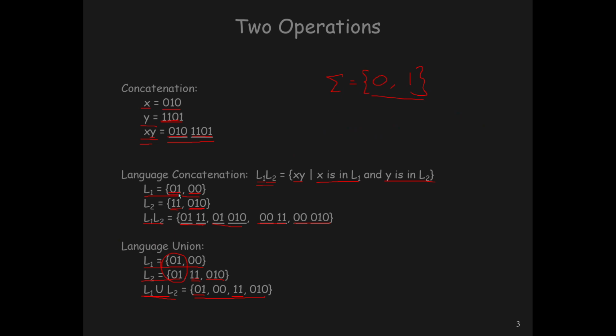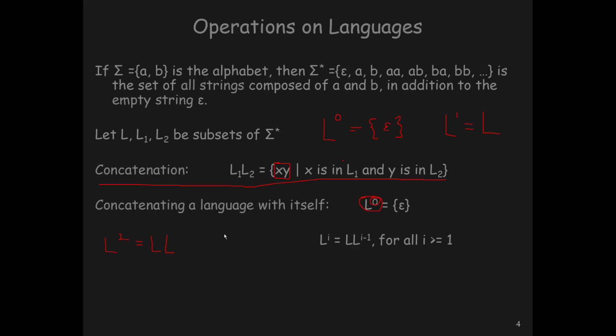So if we had 0, 1, 0, 0, the concatenation of L1 with itself over here is 0, 1, 0, 1, 0, 1, 0, 0, 0, 0, 0, 1, and 0, 0, 0, 0, right? So that's 4 strings. So L squared is LL, L cubed is L, L squared, or L squared L, same thing, and so on, okay?